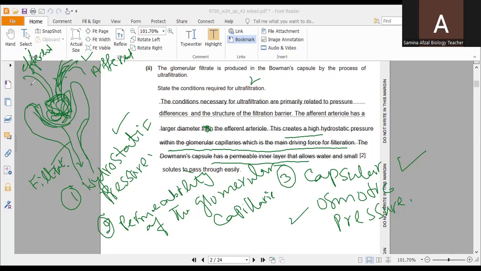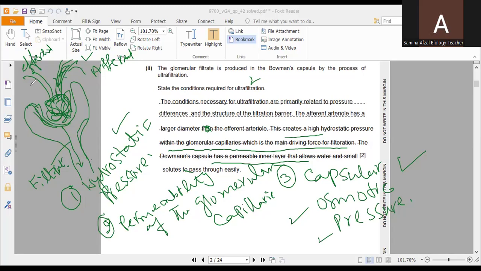Thirdly, the capsular osmotic pressure, which will help to keep the balance in the filtration. Too much filtration can cause other issues, so it helps to keep the balance in the filtration process.